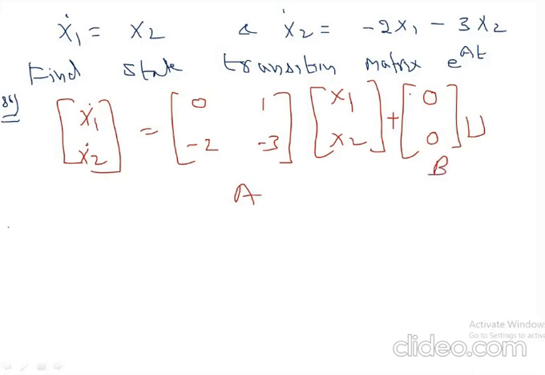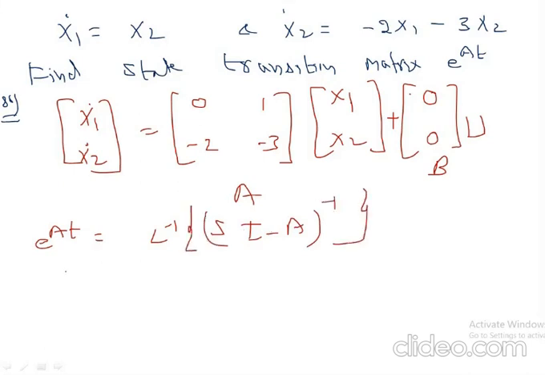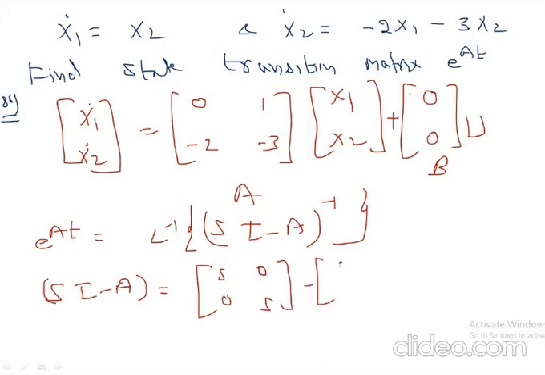So what about e power At, the state transition matrix? Mathematically, e power At is equal to L inverse of (sI minus A) whole inverse. First of all, you need to take sI minus A. sI minus A is s 0 0 s minus A, which is 0 1 minus 2 minus 3.